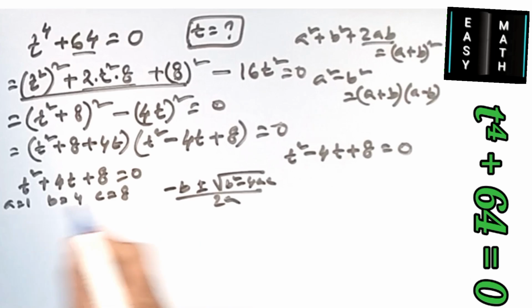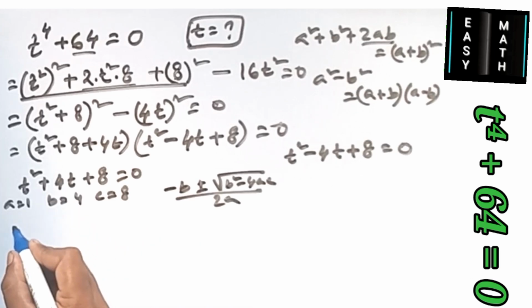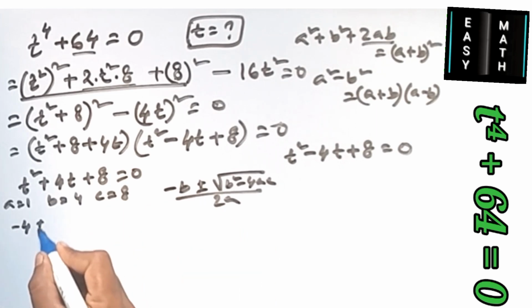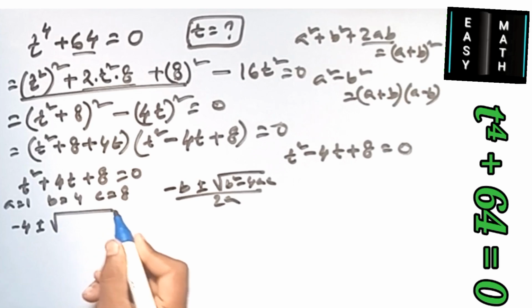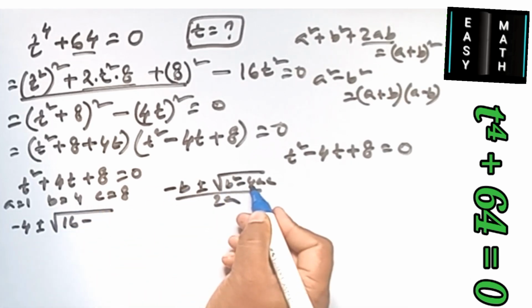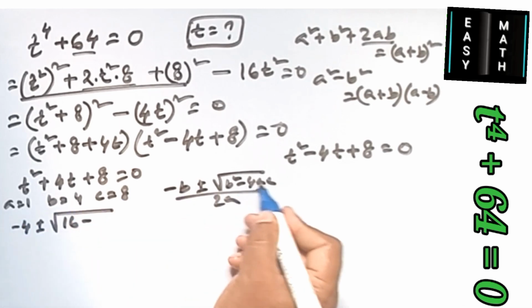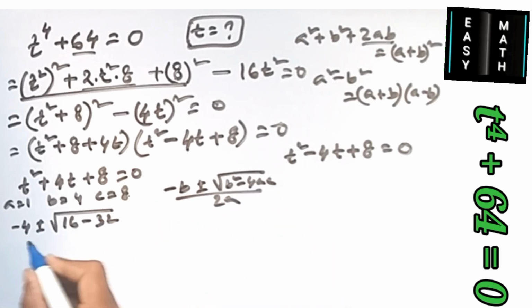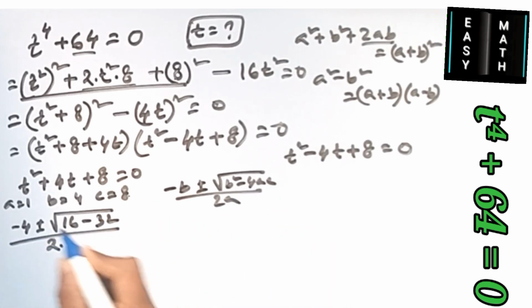So from here b is 4, so minus b is minus 4, plus minus root of b square is 16, and 4 into a is 1 and c is 8, so 4 into 8 is 32, divided by 2 into 1.